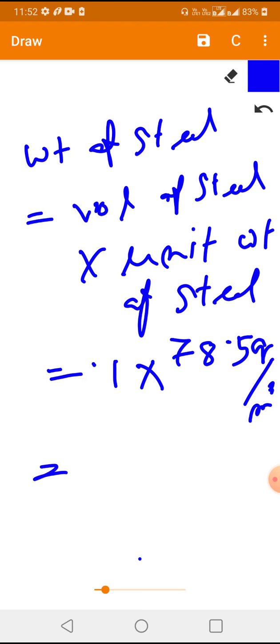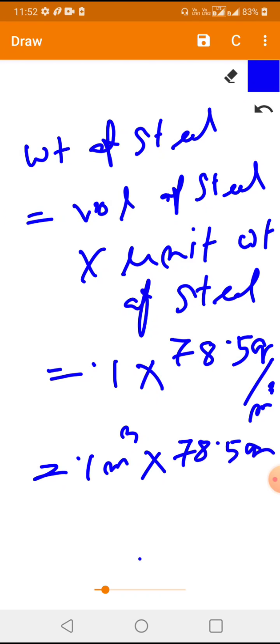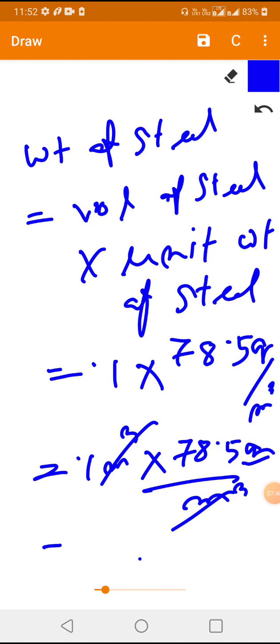Now it is 0.1 meter cube here, multiplied by 78.5 quintal per meter cube. So this meter cube will get cancelled. What will remain? Only the quintal. So the weight of the steel for this particular work is 78.5 quintal. Okay.